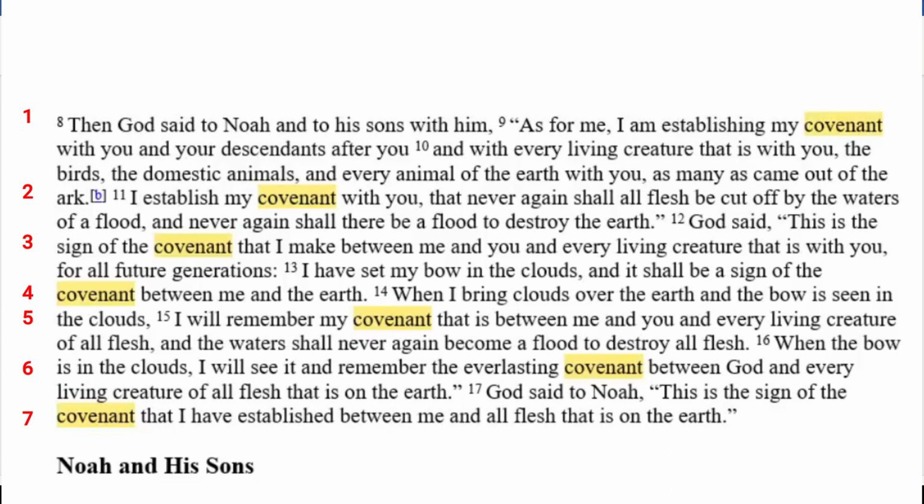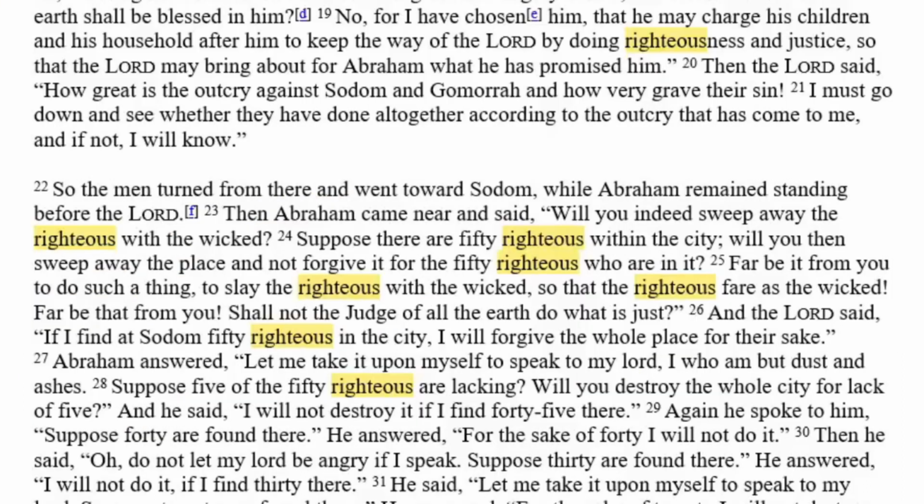Let's move a little bit further down because there's another one as we get ready for Sodom and Gomorrah. As we get down into the judgment pronounced on Sodom, we've got a righteousness verse that appears up there as it's all being set up. But as we get down into verse 22, the men turned from there and went toward Sodom, while Abraham remained standing before the Lord.